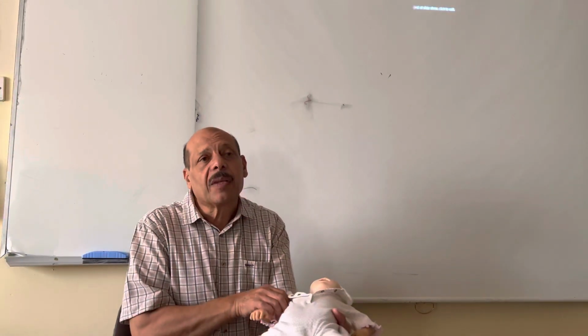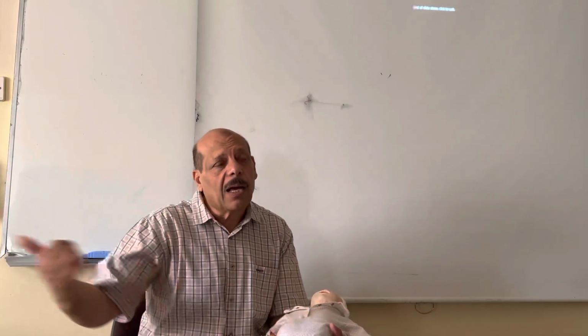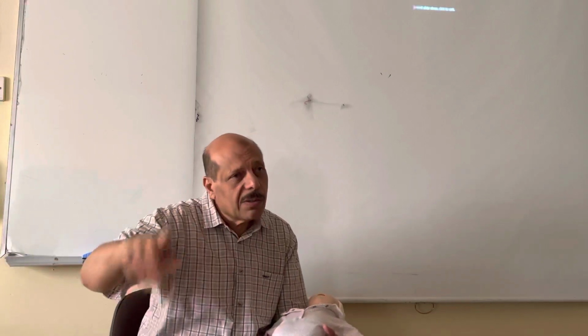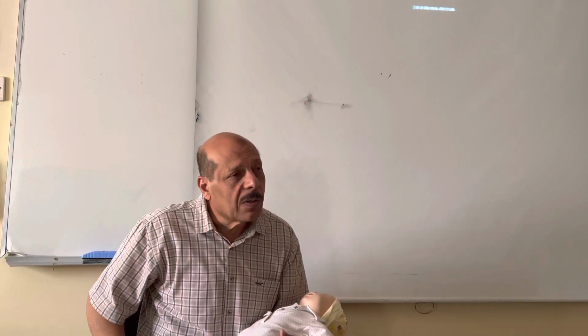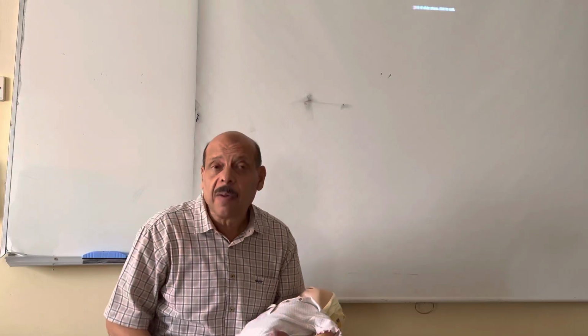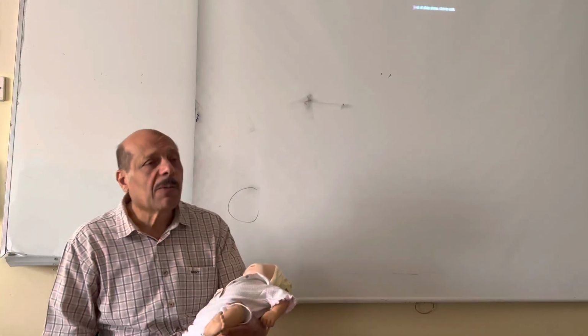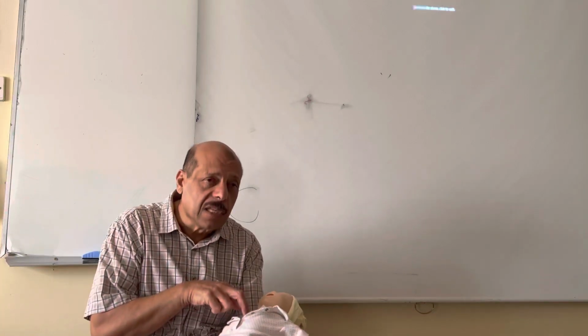I check the brachial artery. I call the mother, or if anyone is there, to call for emergency, or I have to call by myself after giving 2 minutes of care. Then I will start with CPR.